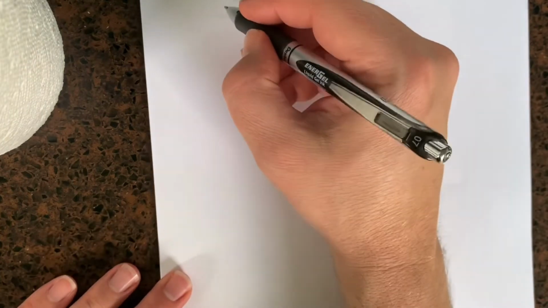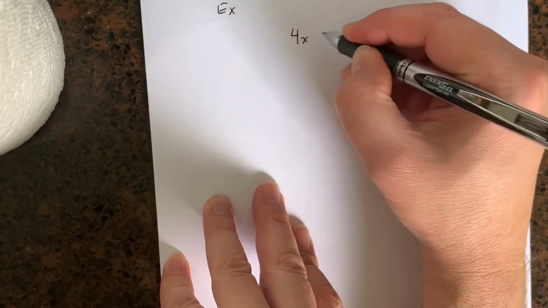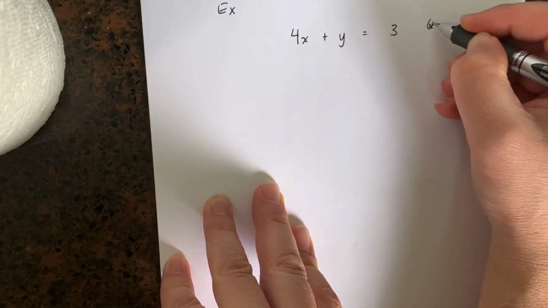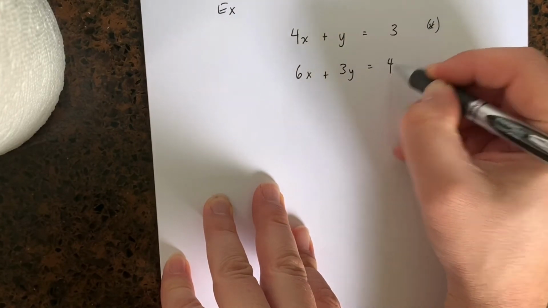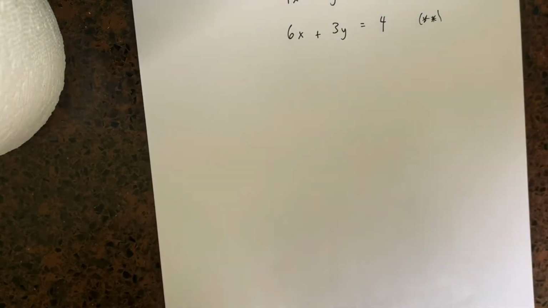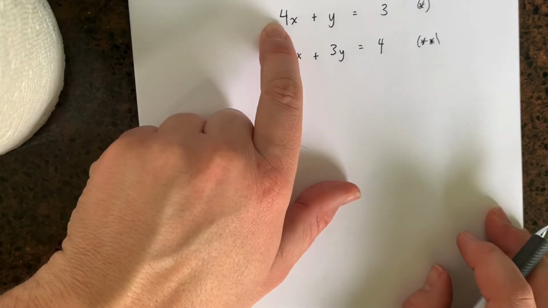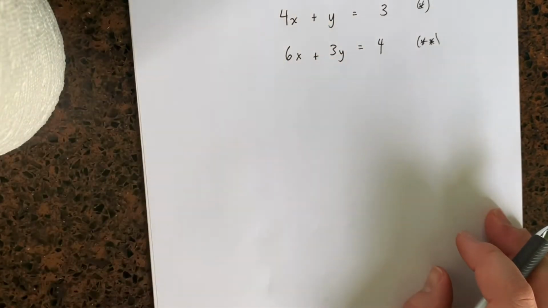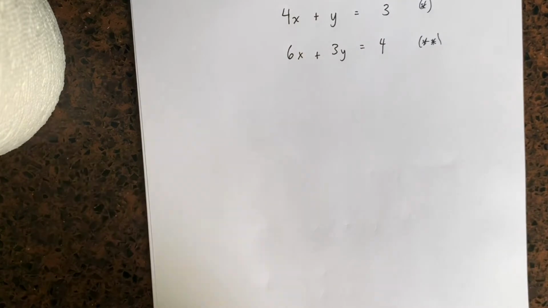Let's do an example. If I've got 4x plus y equals 3, and I've got 6x plus 3y equals 4, these are linearly independent, meaning 4x plus 1y, this vector, is linearly independent from this vector, 6x plus 3y.